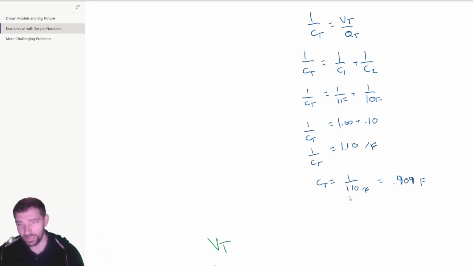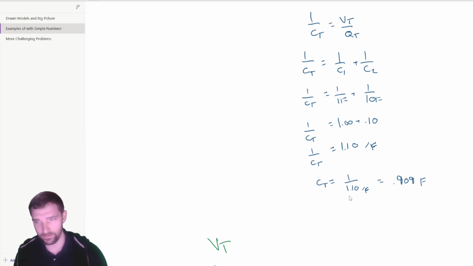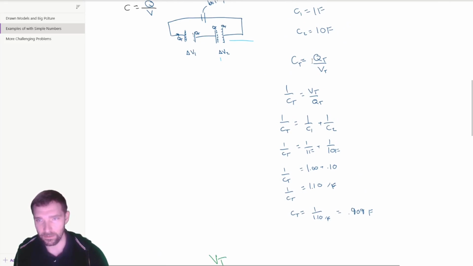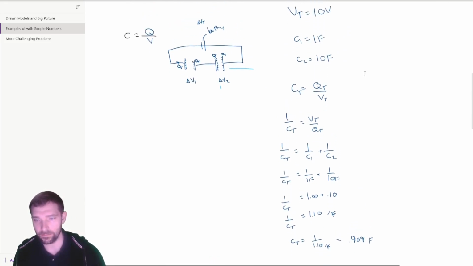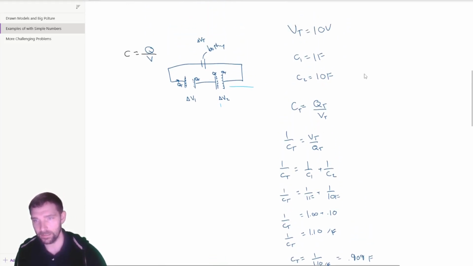In any case, we have this new Faraday value for the CT, and you can then think back to what we were talking about here earlier with these numbers and kind of plug that in. So we've got the 0.909 Faradays, which is the CT, and we do know what the voltage is that's total. This is going to be our 10 volts.